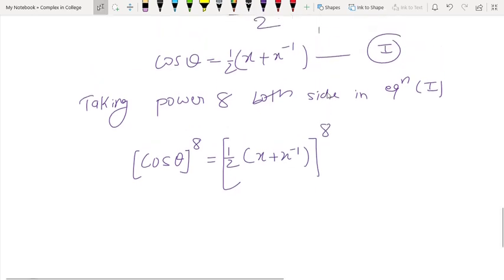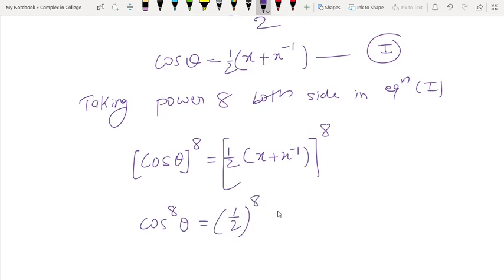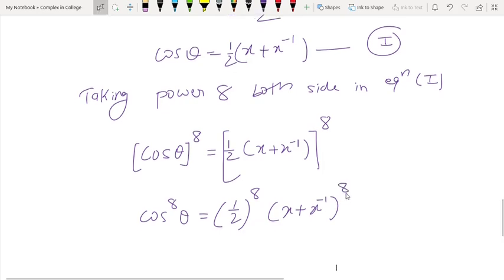Now use the law of indices. So there we have cos raised to 8 theta is equal to 1 upon 2 raised to 8, next is x plus x raised to minus 1 raised to 8, isn't it?